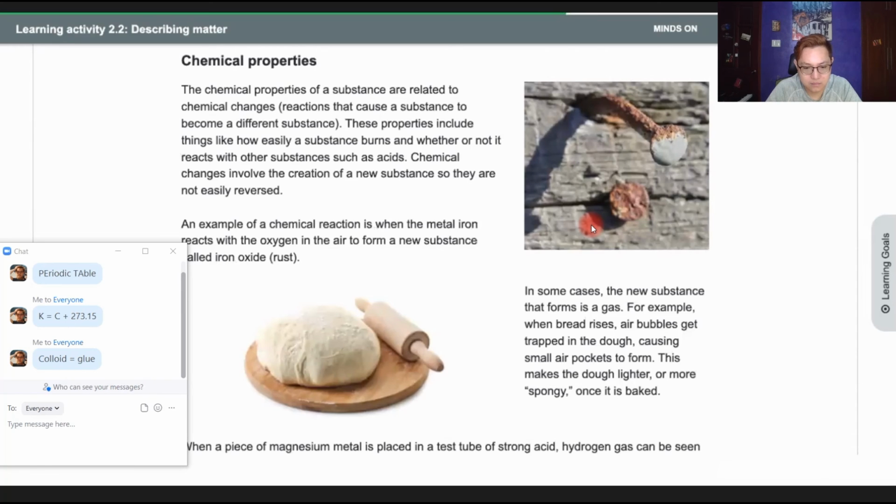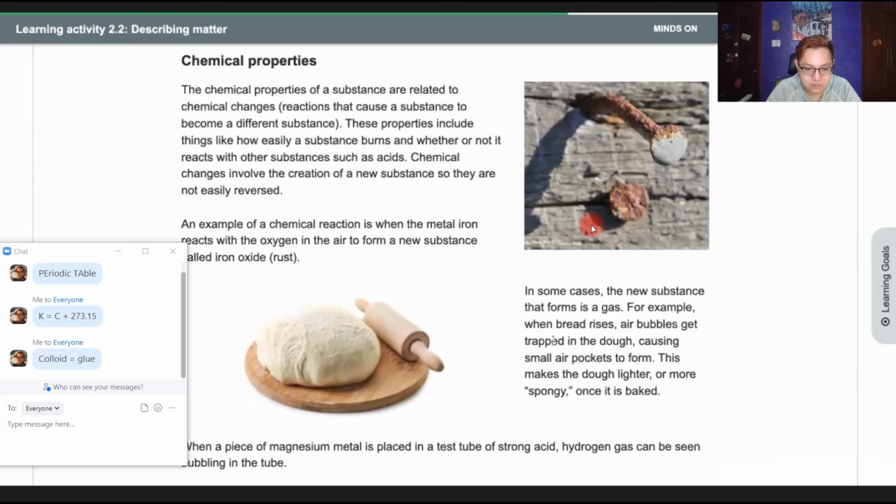Chemical changes involve the creation of a new substance, so they are not easily reversed. An example of a chemical reaction is when the metal iron reacts with the oxygen in the air to form a new substance called iron oxide, rust. In some cases, the new substance that forms is a gas.